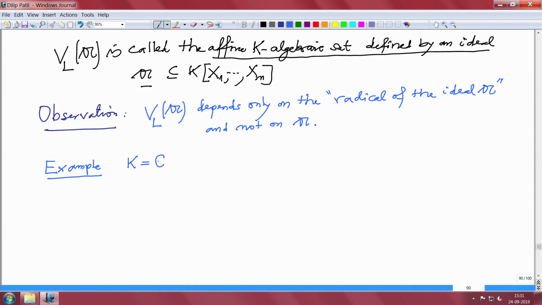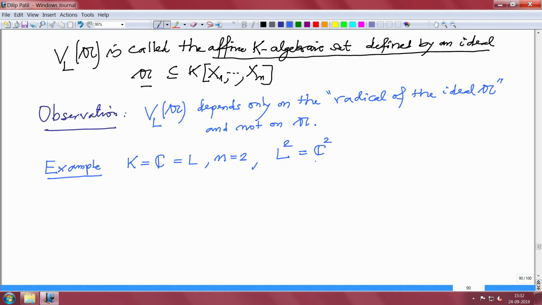K equal to C and L is also equal to C. Now, first of all, drawing a picture is a little bit tricky, because I want to take n equal to 2. So, what is L power 2? This is C power 2, so this is C cross C. One cannot draw this picture on the board, because this is a 4-dimensional real space.